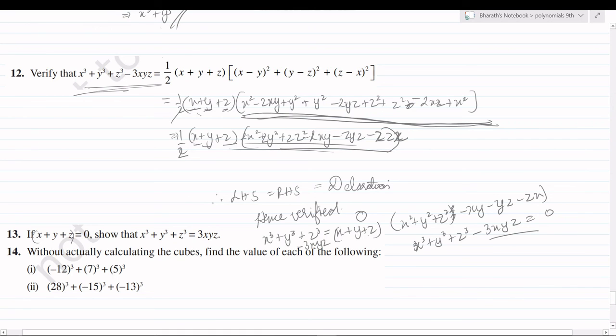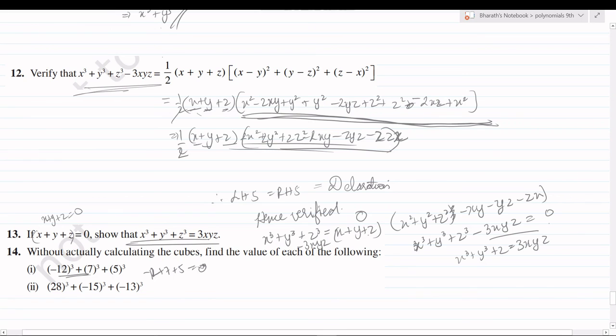Then bringing this to the RHS, x cube plus y cube plus z cube is equal to 3xyz. But keep in mind, only in the situation where x plus y plus z is equal to 0. See, in this question, minus 12 plus 7 plus 5 is equal to 0. We should use the same thing.